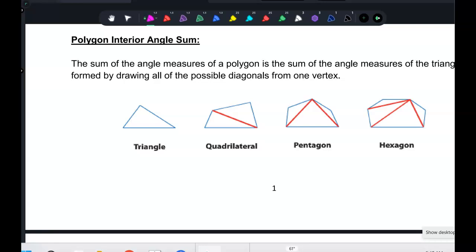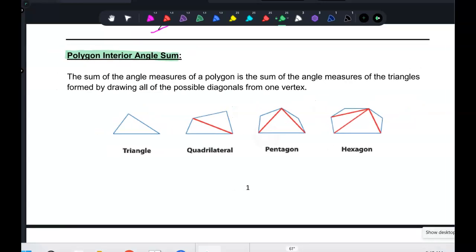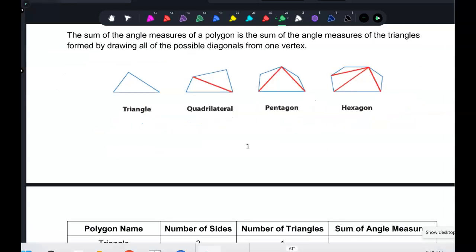Okay, now we're going to get into the new part, which is the interior angles of a polygon. It has to do with how many triangles you can form from one vertex of the figure. Let's look at a triangle. We should know how many degrees a triangle adds up to: 180.